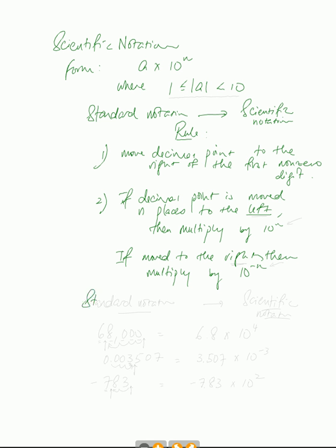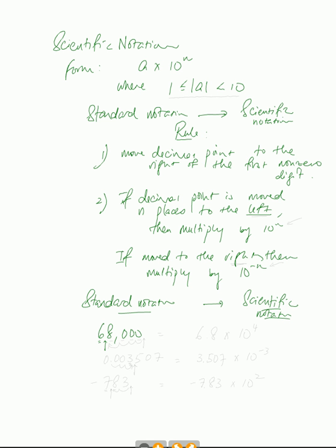Okay, so let's see if you understand this. Assuming this is standard notation and I wish to convert to scientific notation. Let's try the first number. Supposedly you are given 68,000. You're supposed to move the decimal point to the right of the first non-zero digit. The very first non-zero digit is 6, and you move the decimal point up to there.